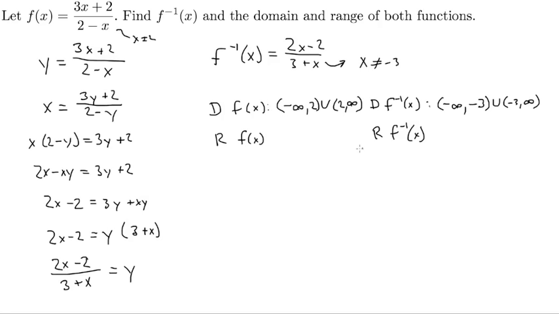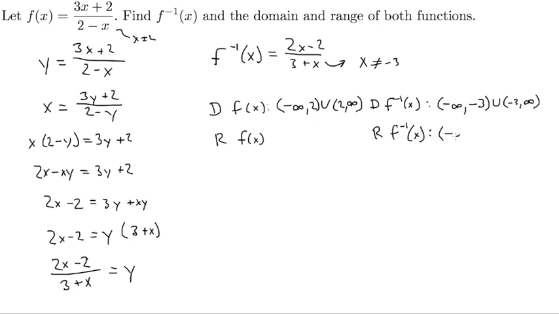The range turns out even easier. Again, remember, between a function and its inverse, the x and the y values trade places. So guess what? The domain is the collection of all of our x values. That means that in the inverse, this is the collection of our y values. So the range of the inverse is going to be the domain of the original.